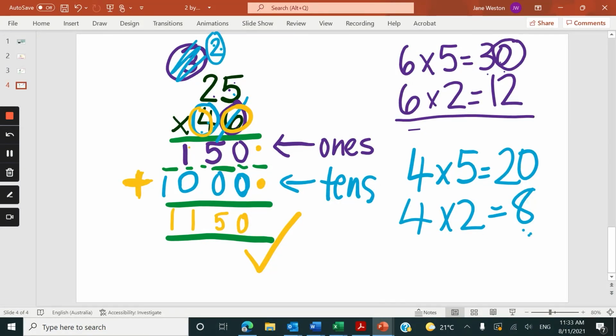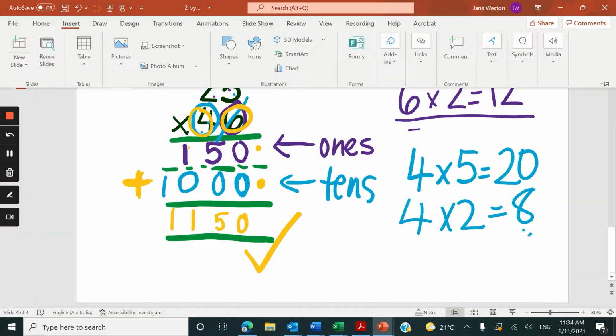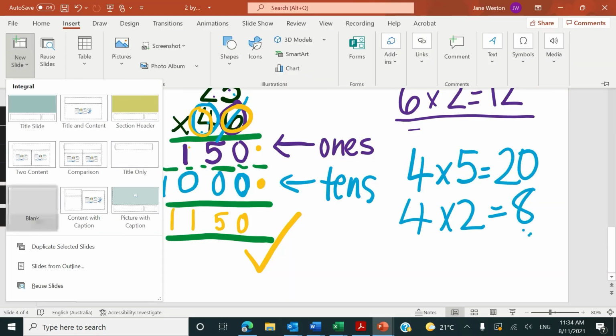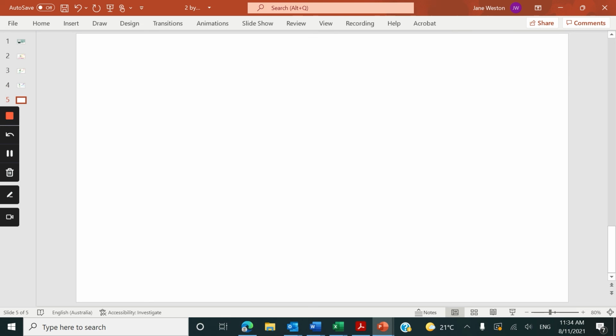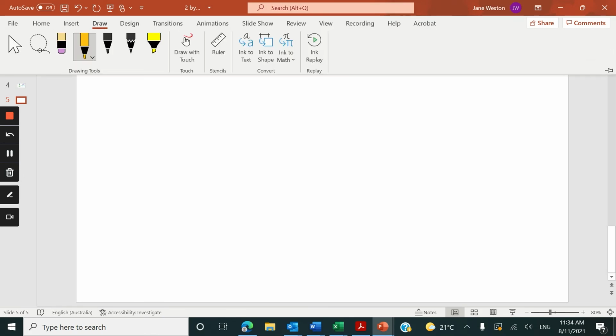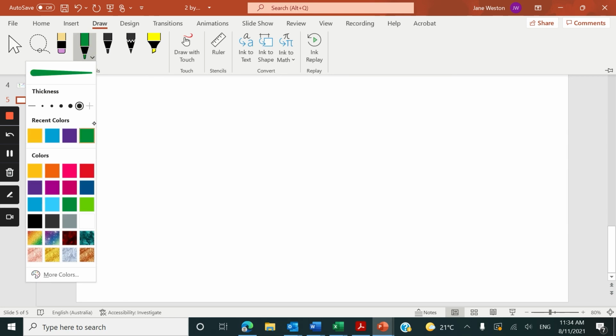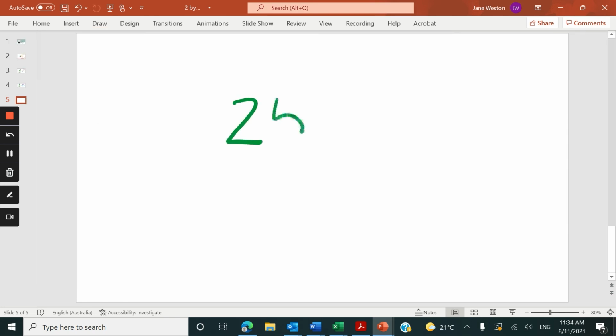Now I want to show you, I'll just pop in a new slide and just show you how we might actually start that problem to help you remember some of the steps we've done today. So if I got that question, 25 times 46, I might set my page up like this.